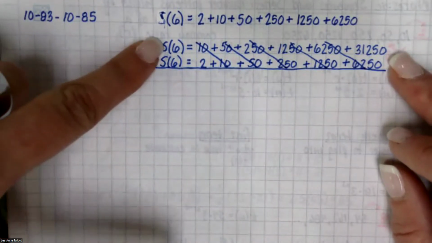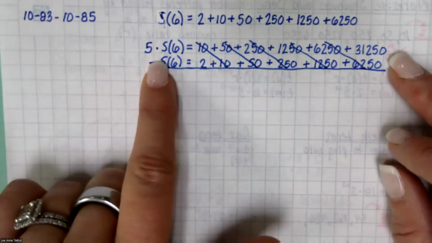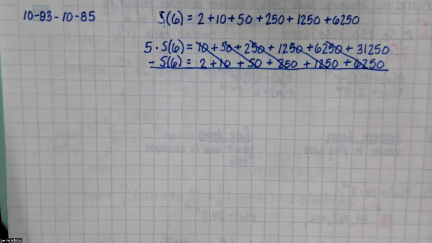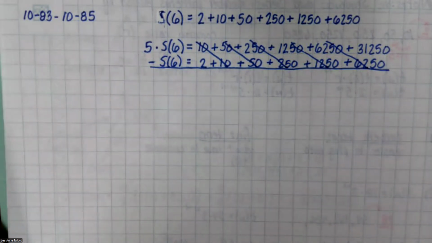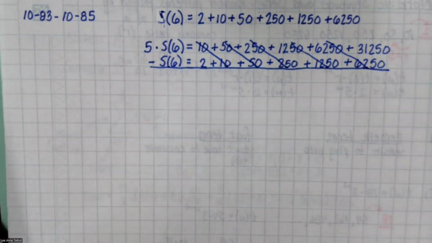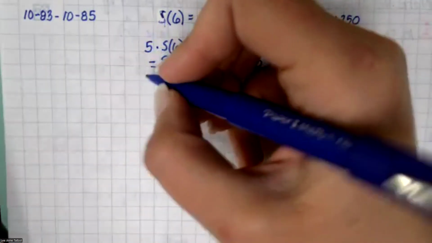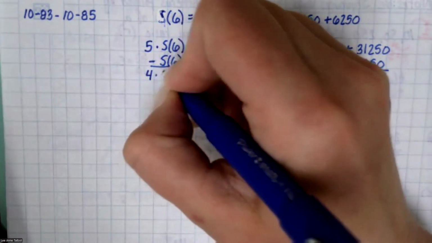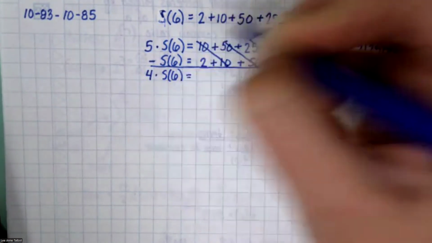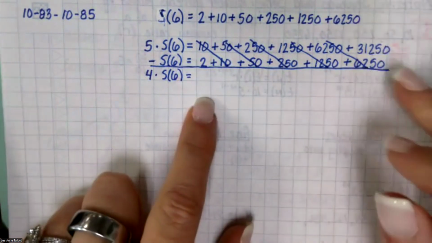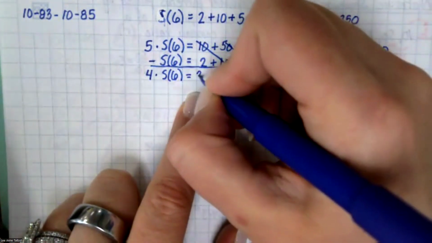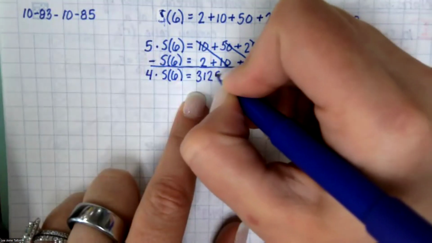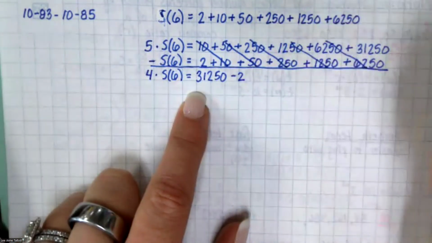What's 5 times the sum of 6 numbers minus the sum of 6 numbers? Okay, what's 5x minus x? 5x minus 1x. 4x. Okay, so what is left? And I want to start with this guy because it's subtraction. So 31,250 minus 2.